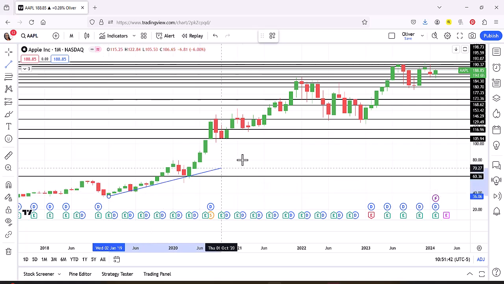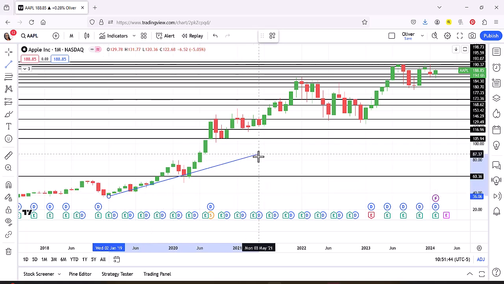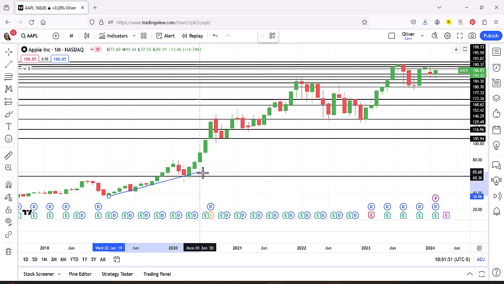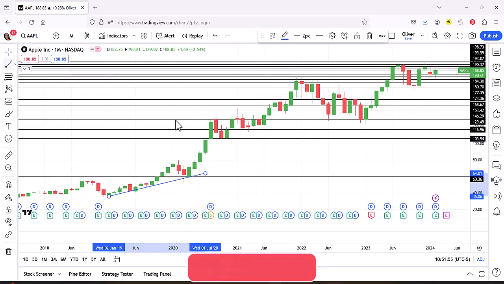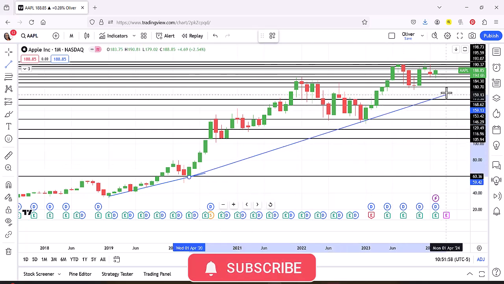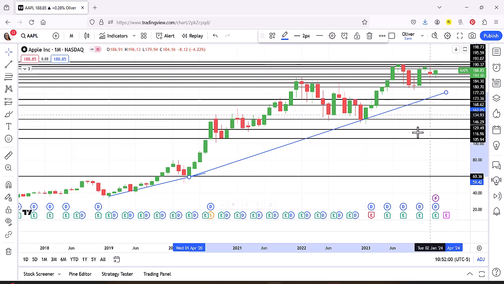Trend lines can be drawn in many different forms. You do want to touch at least two candles in the trend line. So we actually could do 1 to 2 here. We could also do a trend line where we start here and we go up higher, touching that one.